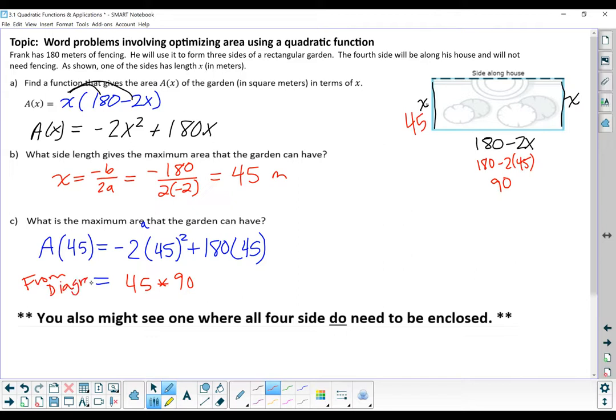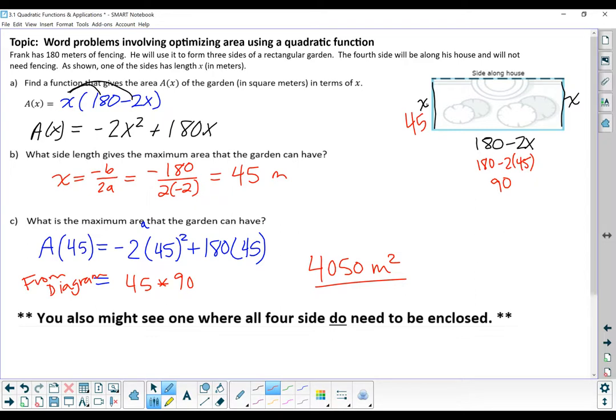It's just two different ways, just however it makes the most sense to you. And those should both give you 4,050 square meters of area.